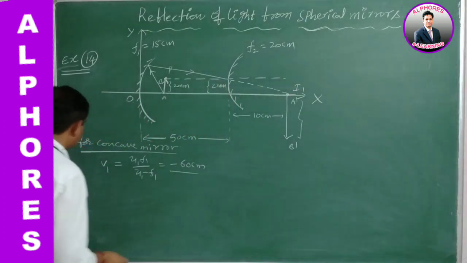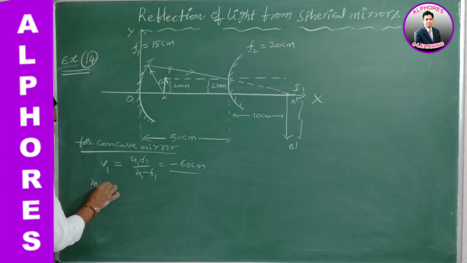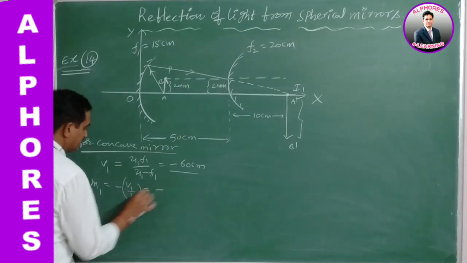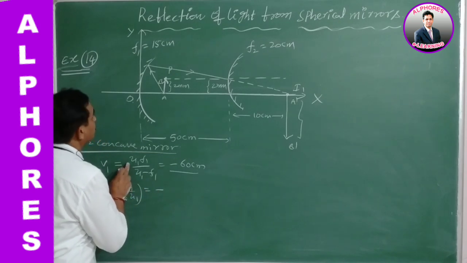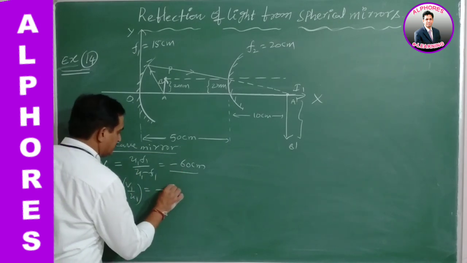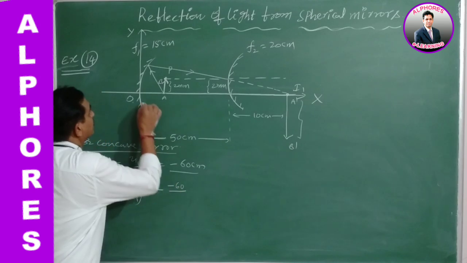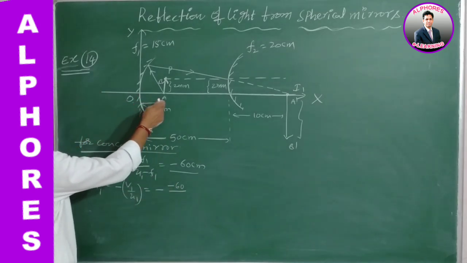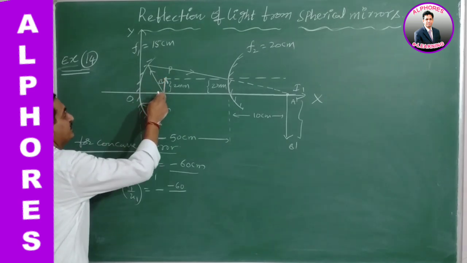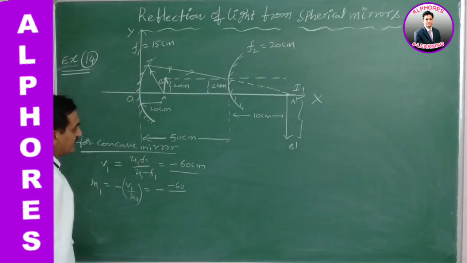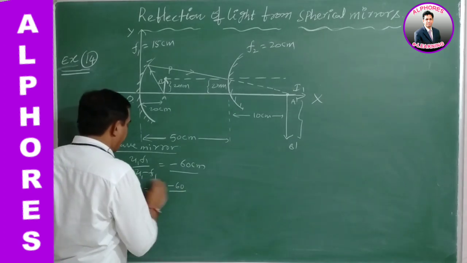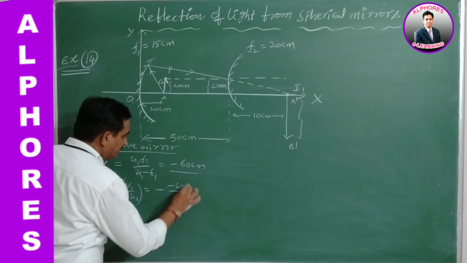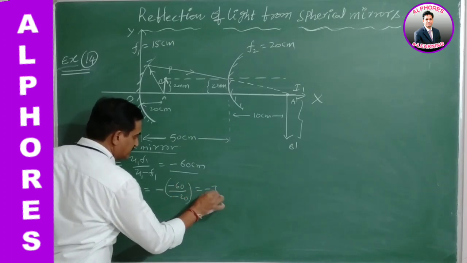So this is calculated. Magnification m1 is equal to minus v1 by u1, and substituting, v1 is calculated as minus 60, by u1. This is given as 20 centimeters. The problem itself says that this point is at a distance of 20 centimeters from the concave mirror. Okay. Now this is minus 60 by minus 20, which gives minus 3.